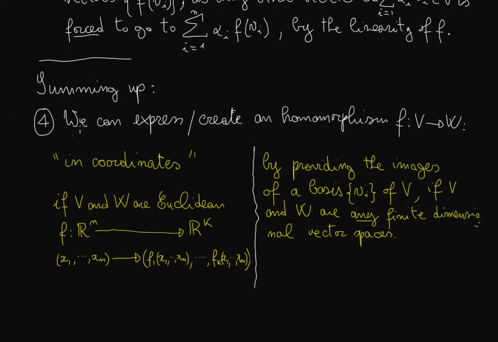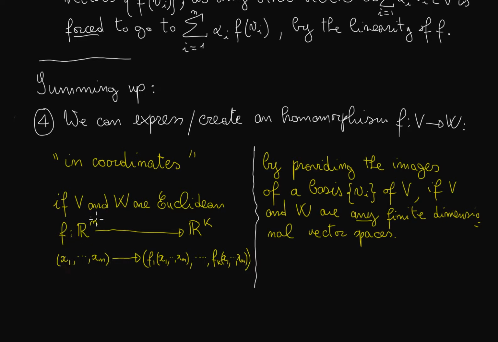So, summing up, we can express or create a homomorphism f from V to W in two ways. One is in coordinates, where necessarily we have to assume that both V and W are Euclidean vector spaces of finite dimension. The expression is the one that you wrote before.